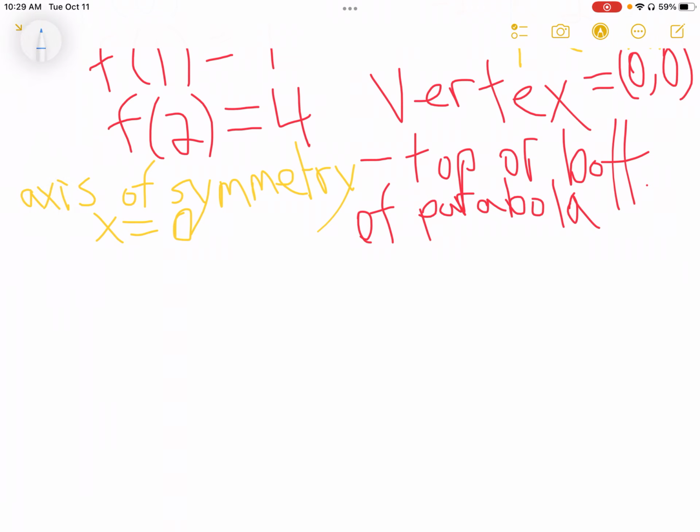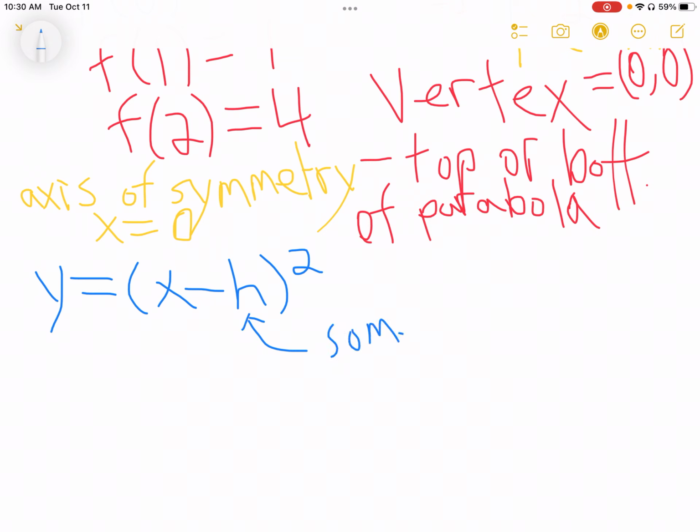If I was going to draw something a little different this week, we're going to talk about a form where we have y equals x minus h, and this is squared. The thing that's different here is that we have this h. This h is some value, some number.